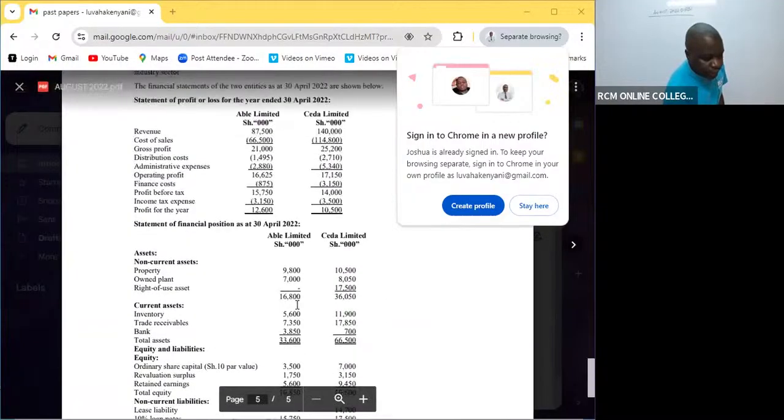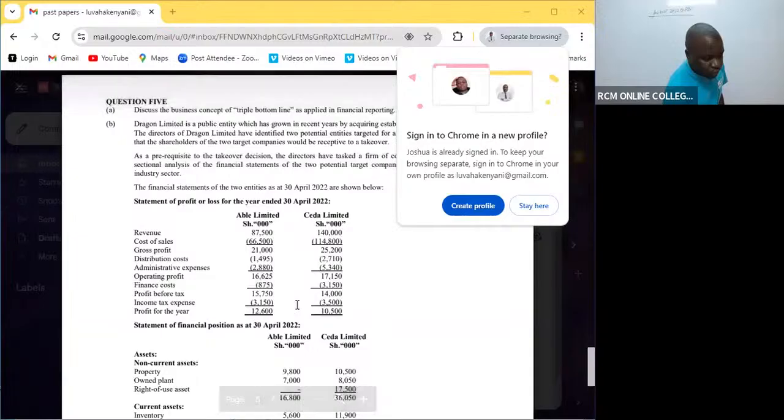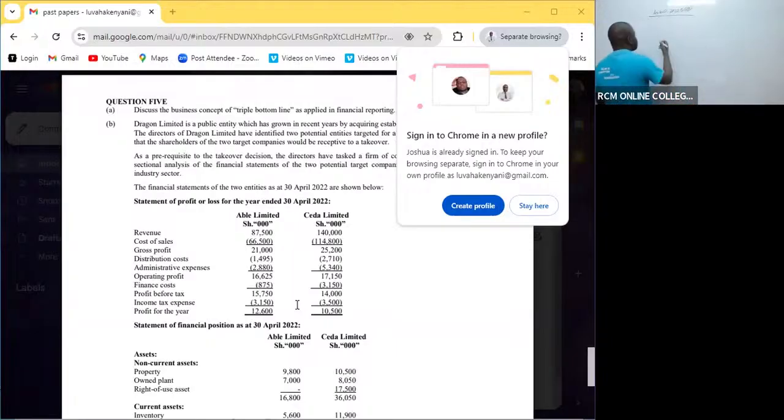So what we do in this case is represent the statements. That is a common size statement, the common size statements for the two entities.